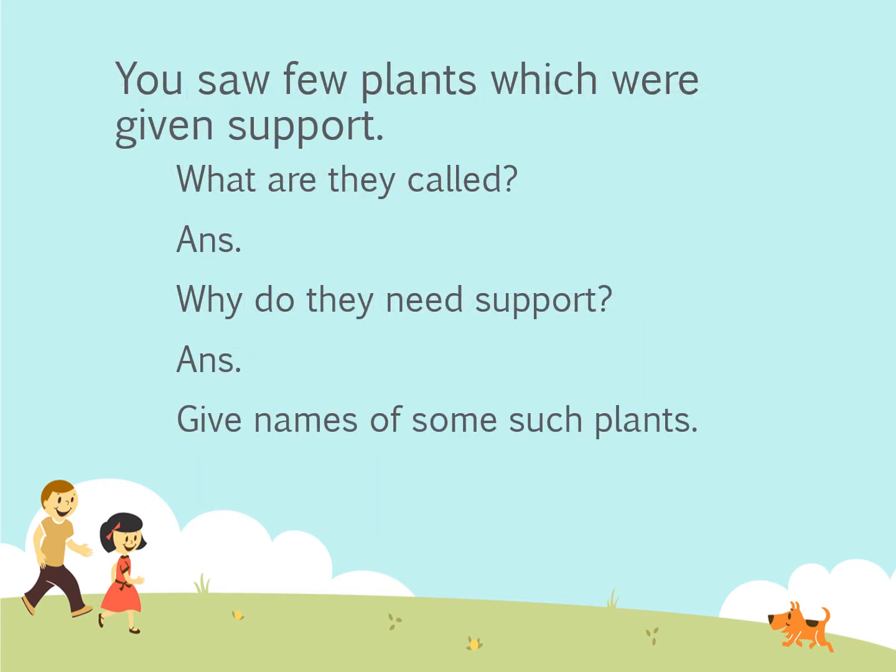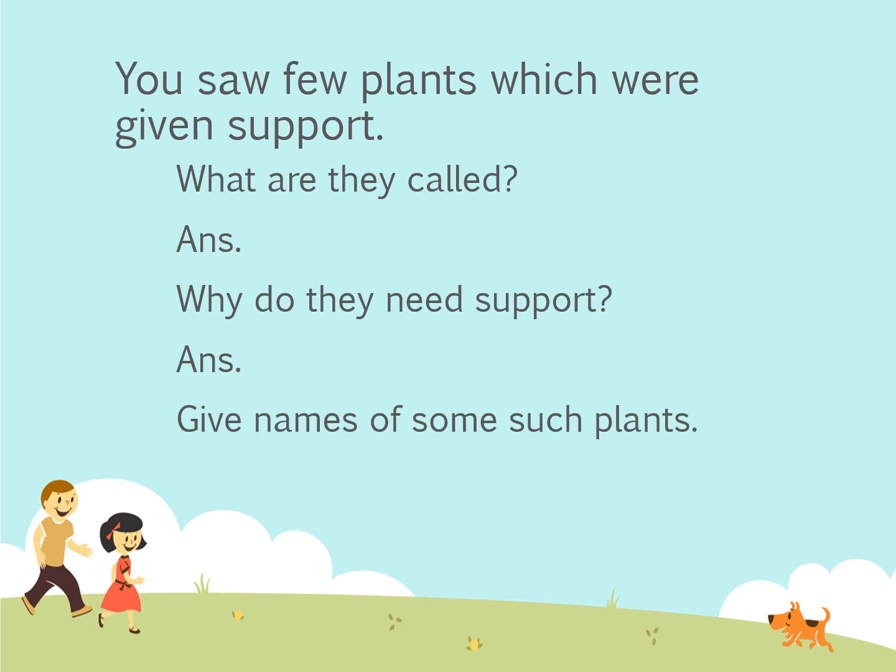You saw few plants which were given support. What are they called? It's very easy, children. They are called climbers because climbers are the plants which need support like walls, sticks, etc. because of their thin and weak stem.